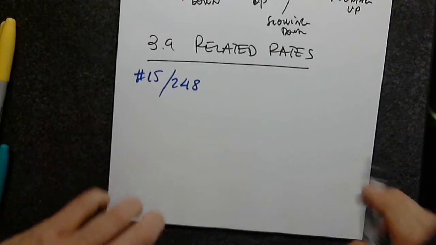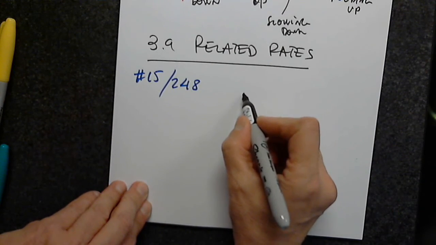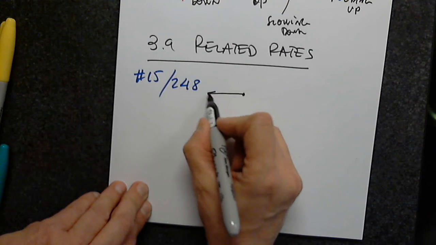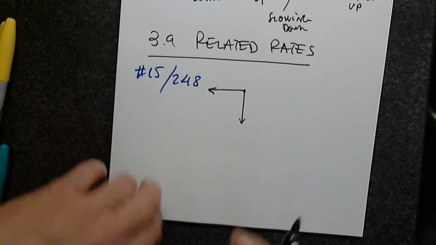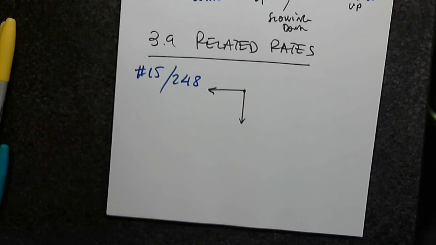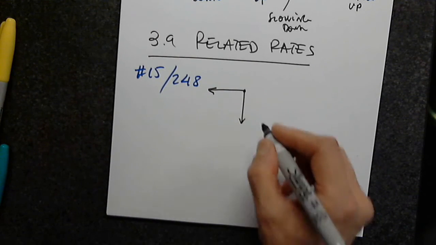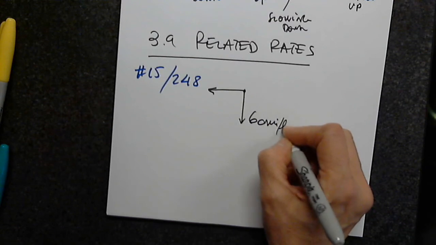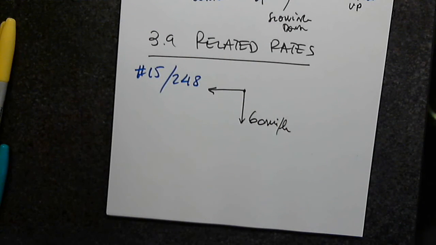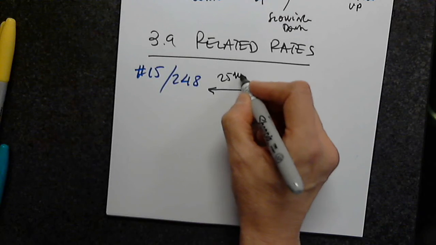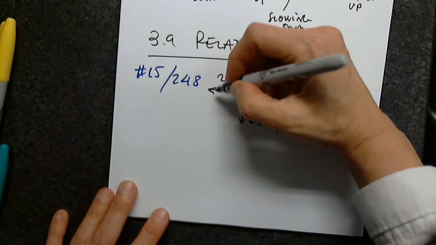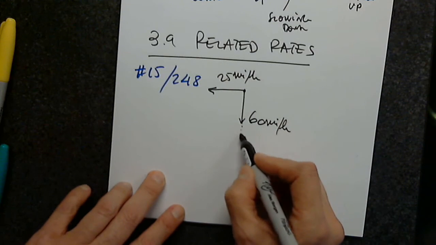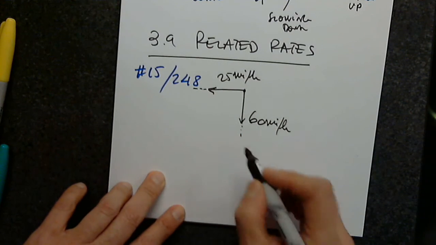First of all, one is moving west. The other one is moving south. They start at the same point. The one travels south at 60 miles per hour. The other one west at 25 miles per hour. At what rate is the distance between them? So I'm going to say they continue. Okay.